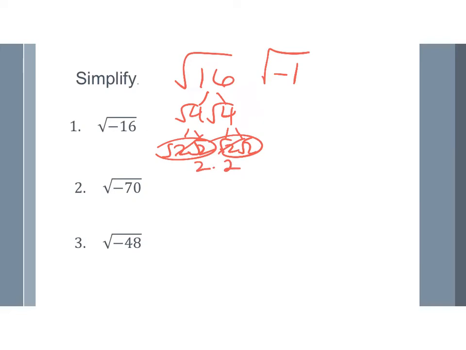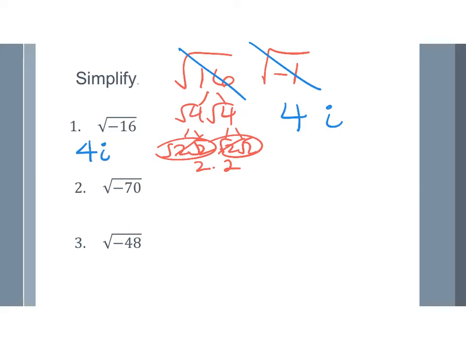But I'm hoping at this point, when you're breaking down those positive numbers, you're going to be quick enough where you can find the perfect squares that are in there. So the square root of 16 is 4. The square root of -1 is i. So the answer to this problem is 4i.